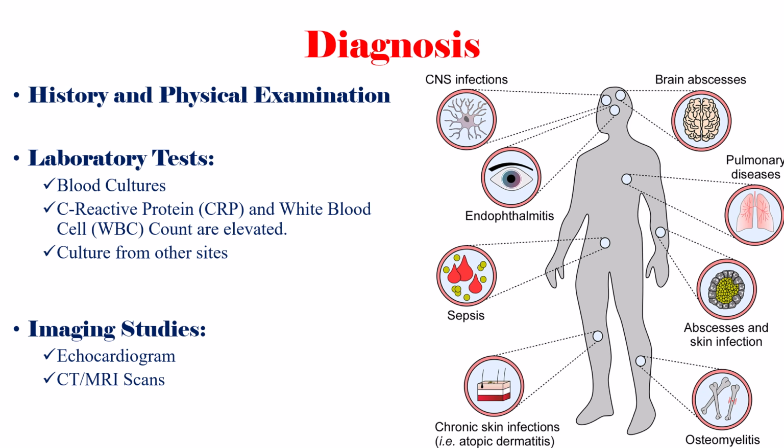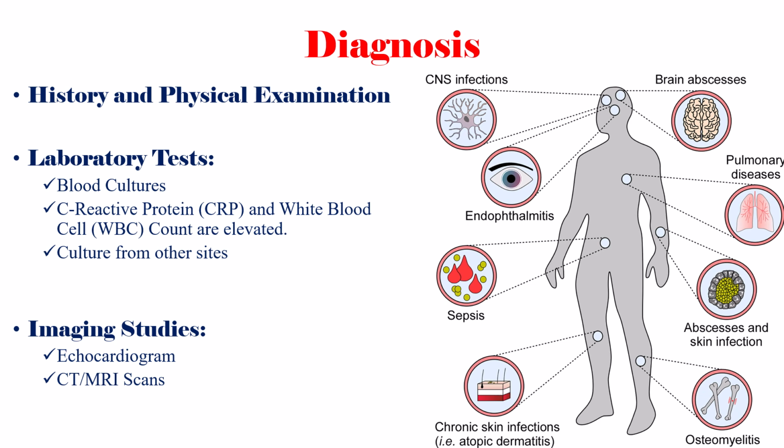History and physical examination are very important to diagnose disseminated staph infection. A thorough history, including any recent skin injuries, surgery, or hospital stay, is critical. Physical signs such as fever, new heart murmurs, or swelling guide the diagnostic workup. Laboratory tests include blood culture, which is essential for identifying bacteremia and the specific Staph aureus strain.